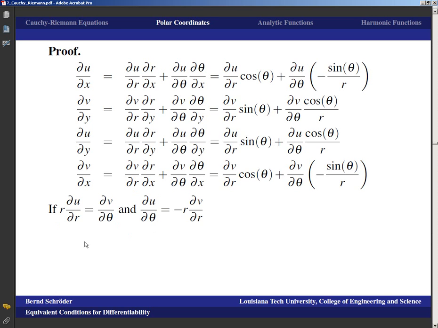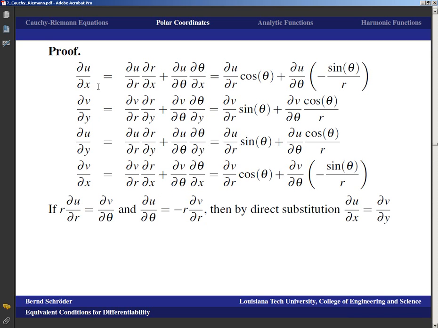So the polar Cauchy-Riemann equations are r du dr equals dv d theta and du d theta equals negative r dv dr. And here's where you want to use a piece of paper or just follow very, very closely, because I claim that this implies, by direct substitution, that du dx is dv dy.